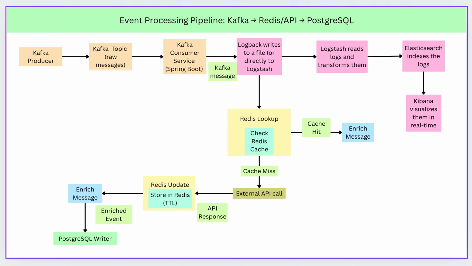We use Spring Data Redis to perform get and set operations. Each entry has a TTL, so stale data disappears automatically. If the key is found, we use that data immediately. If not, we fall back to the API.